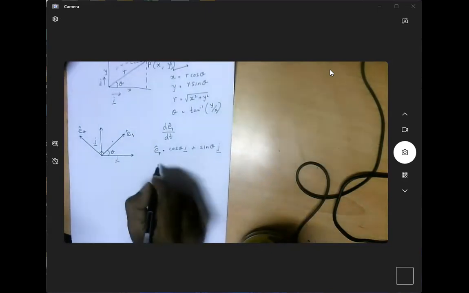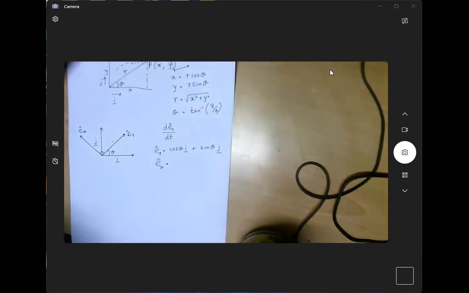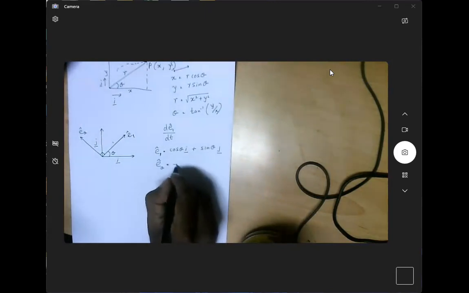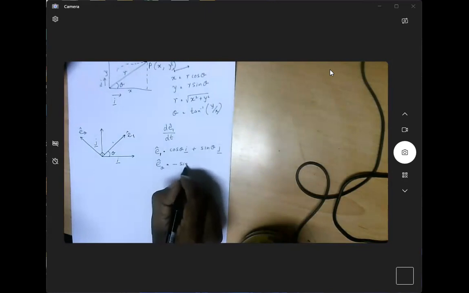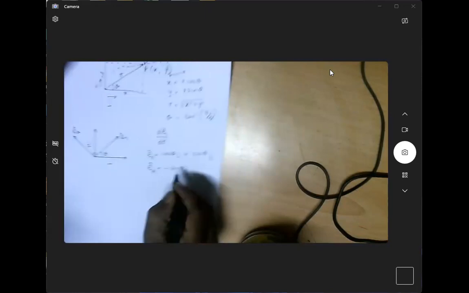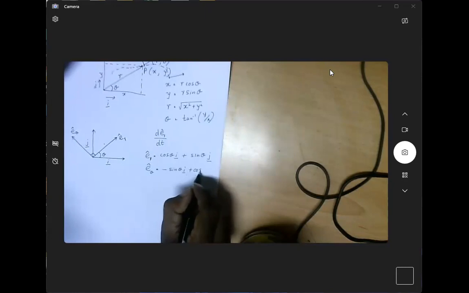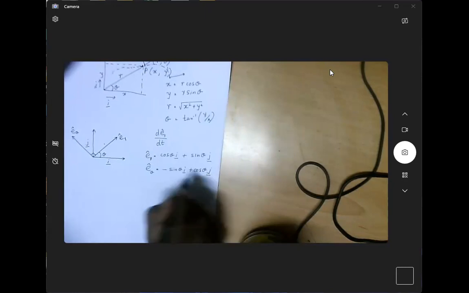The same way you can write e_theta. That would be minus sin theta i plus cos theta j.